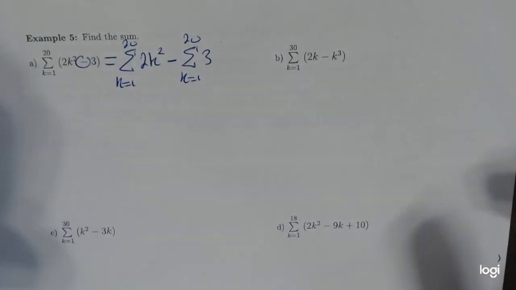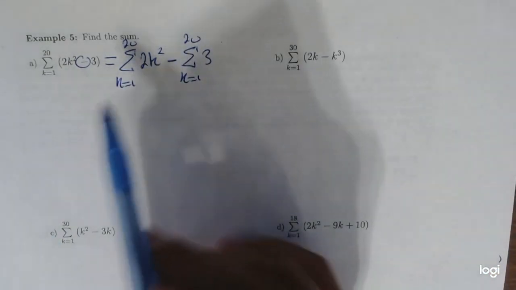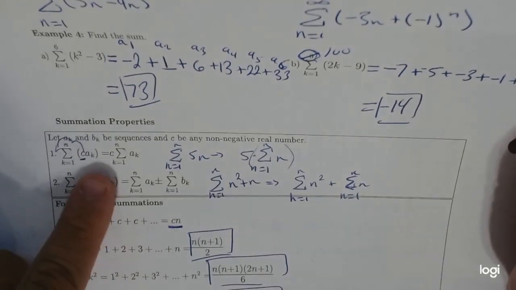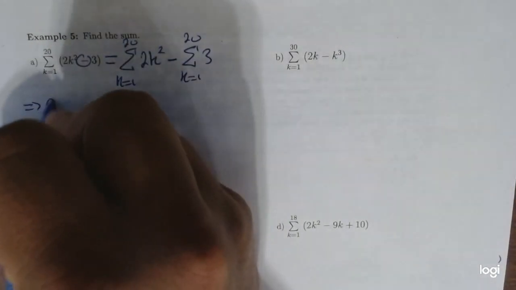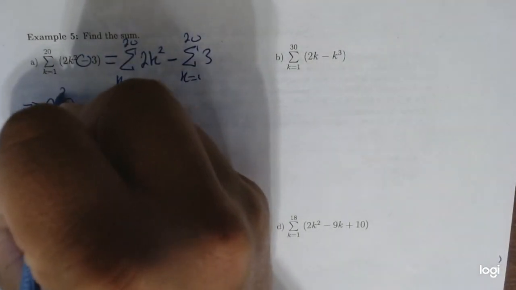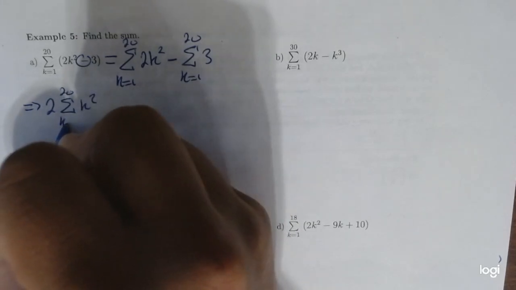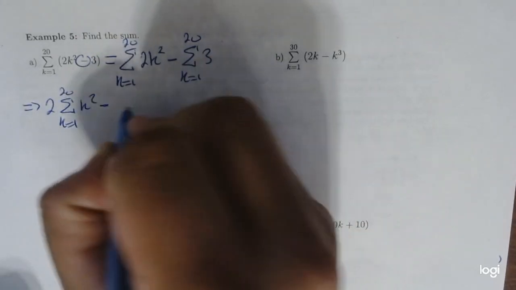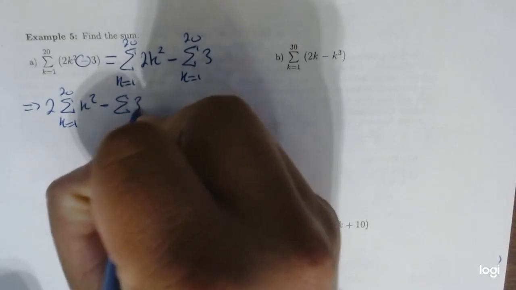Moreover, notice there's a constant in front, which means from property 1, I can bring it to the front. So it's 2 times the sum of k squared from k equals 1 to 20 minus the sum of the same thing on the other one.